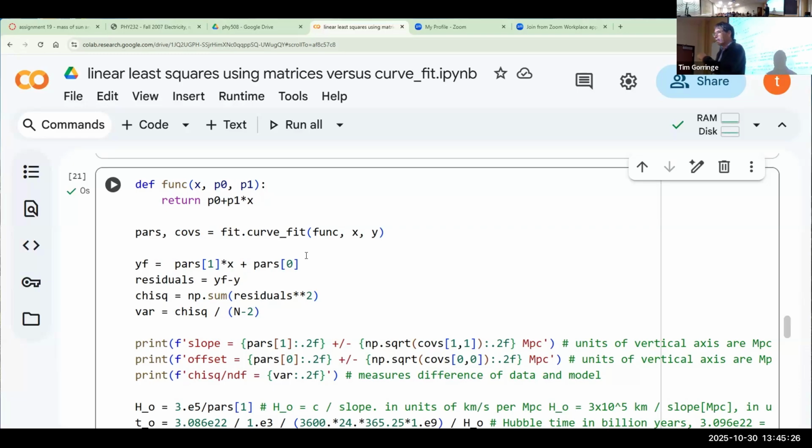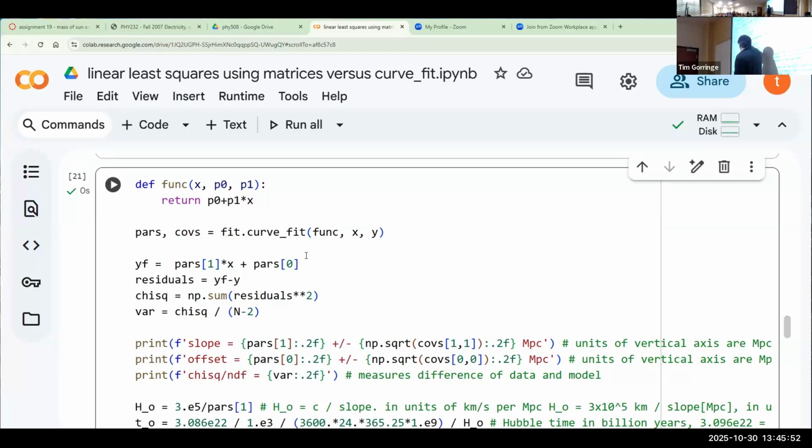The first argument that it returns, the left-hand side of the comma, is called pars because it contains the parameters of the fit. In this case, there are 2 parameters, so it contains the slope and the intercept. The second argument contains the matrix of uncertainties associated with the fit. So it will contain the uncertainties on M, the uncertainties on C, and the correlation between the two.